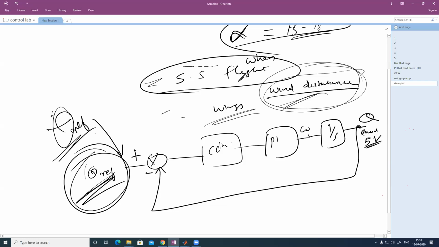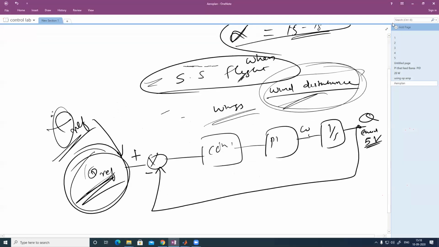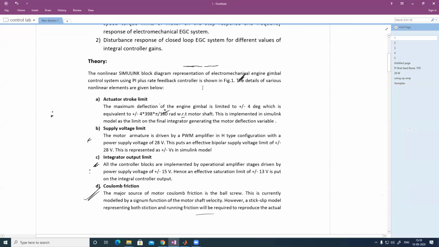The maximum value of theta is mentioned here, and that is called the actuator stroke limit.